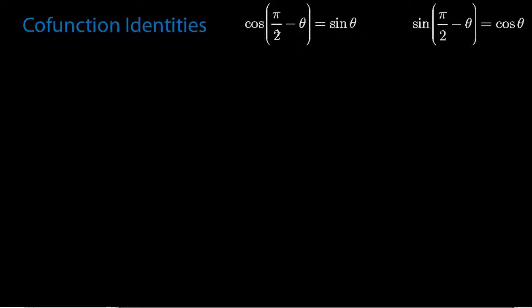Cosine subtraction, the formula is cosine cosine plus sine sine. So I'm going to say cosine pi over 2 cosine theta plus sine pi over 2 sine theta. Pi over 2 is 90 degrees.